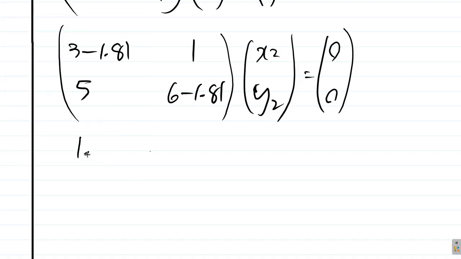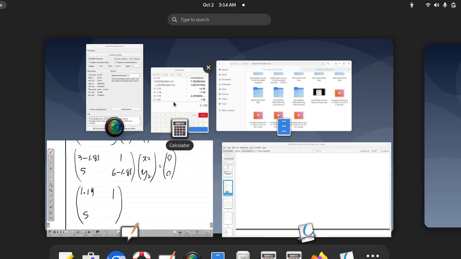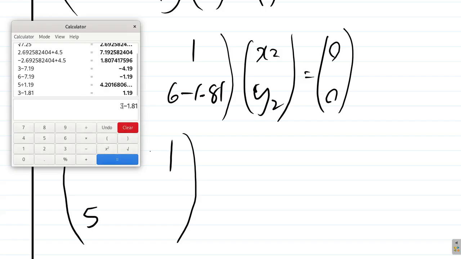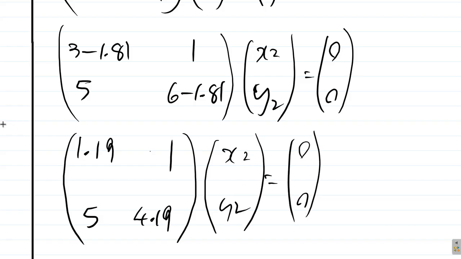So we have 1.19, 1, 5, and 6 minus 1.81, which equals 4.19.